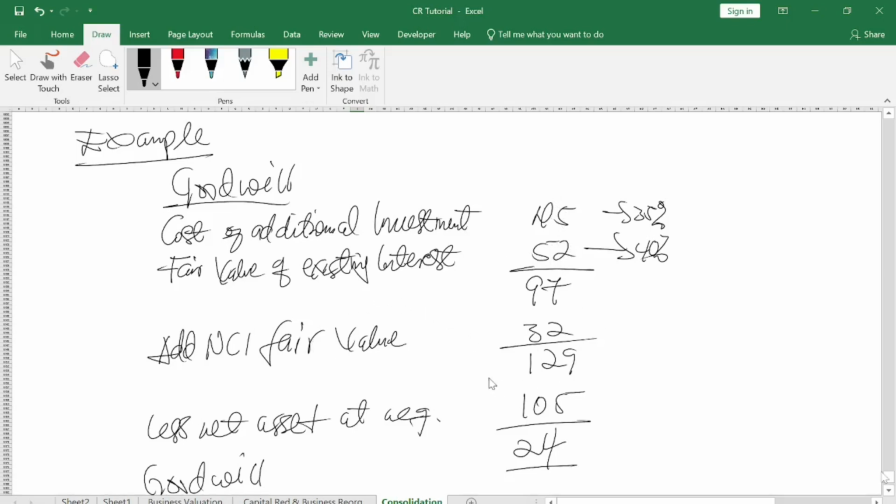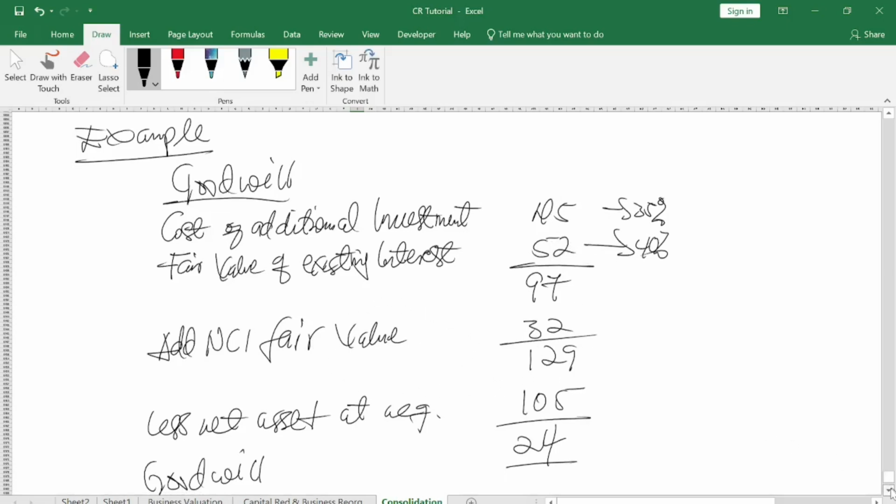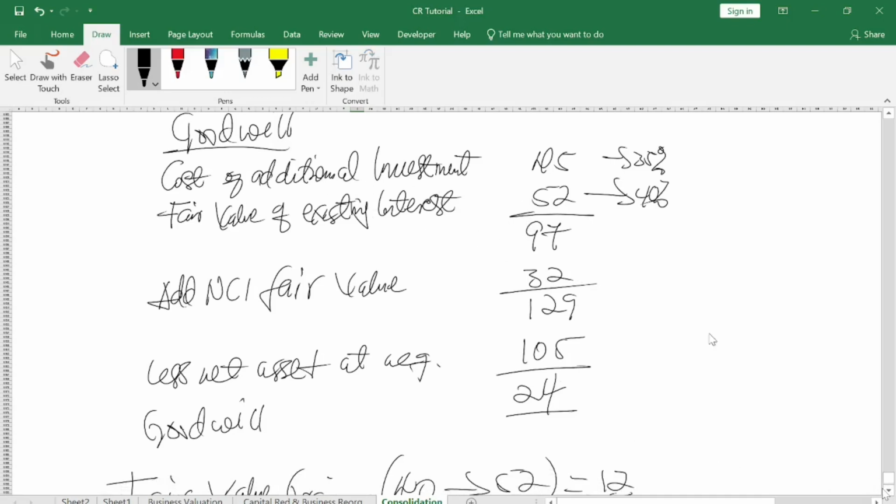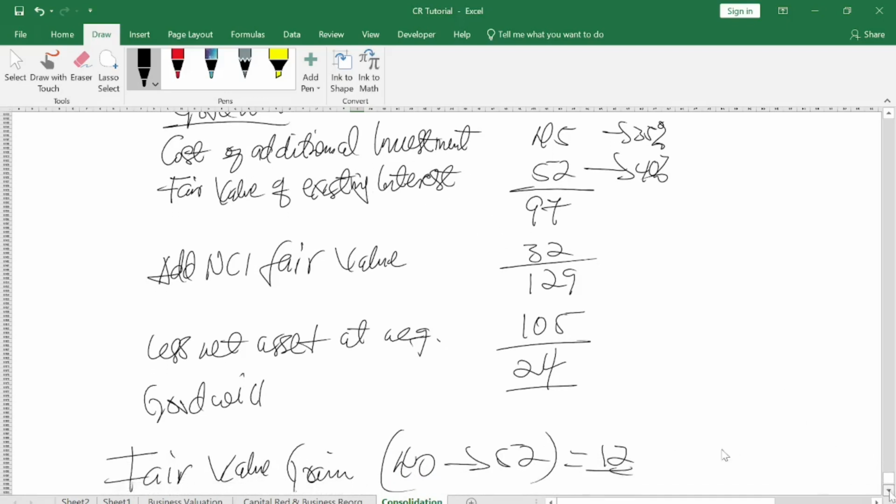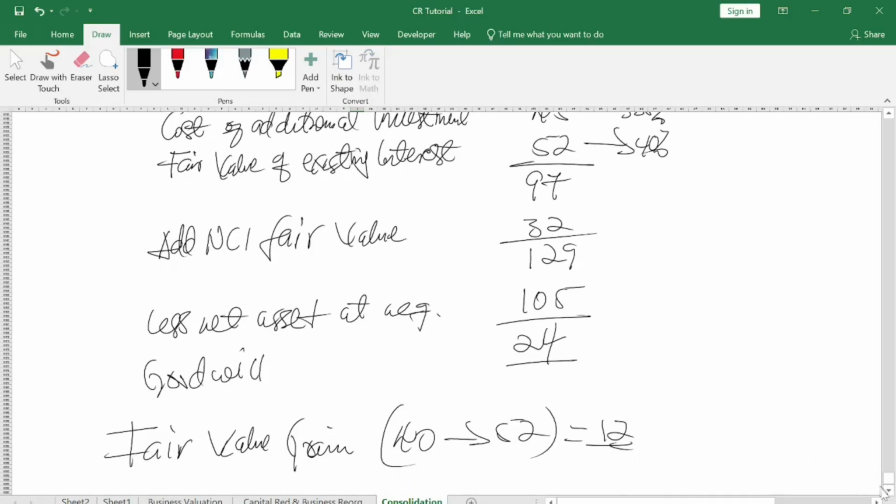Then the rest are the same process that you know. And then you will find the fair value gain on the asset. When we are working out a question, I will show you where to treat the 12. So that is all about step acquisition.